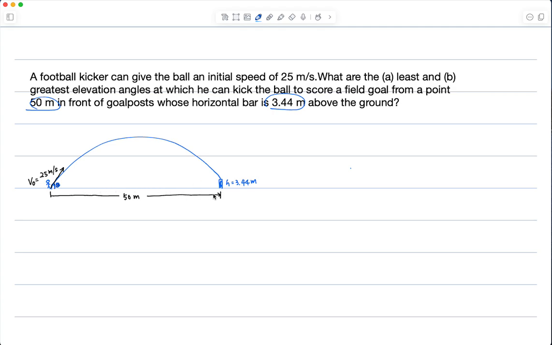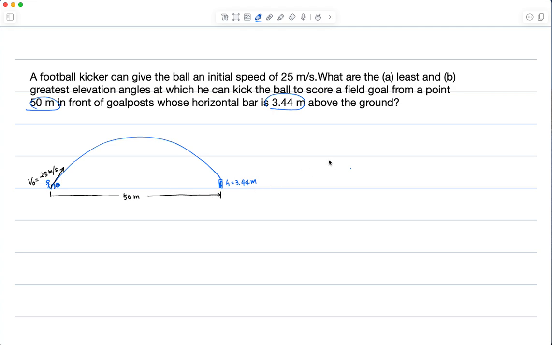The horizontal velocity, the x component, is always constant. So we're going to solve this using the 50 meters, the distance from the kicker to the goal.